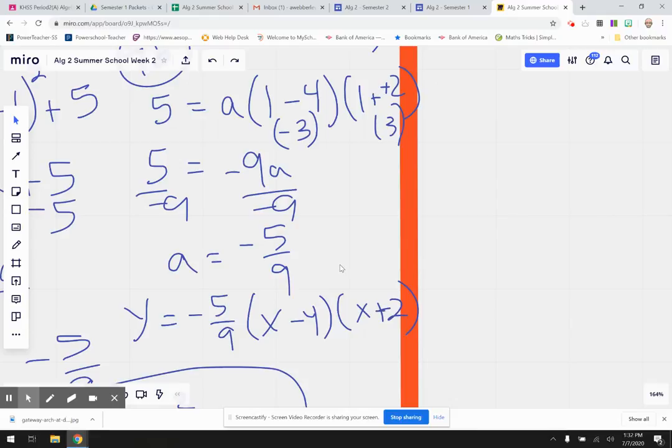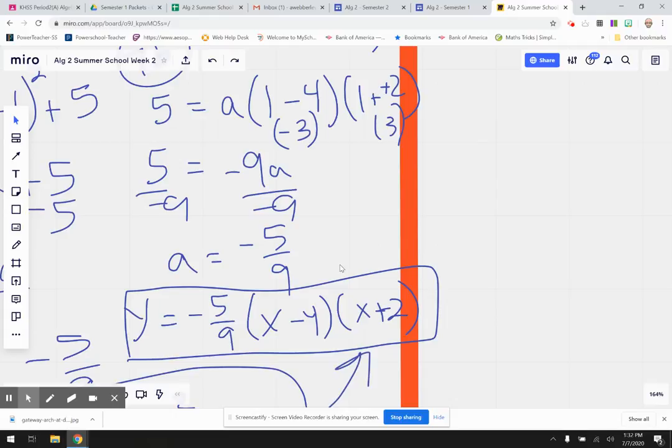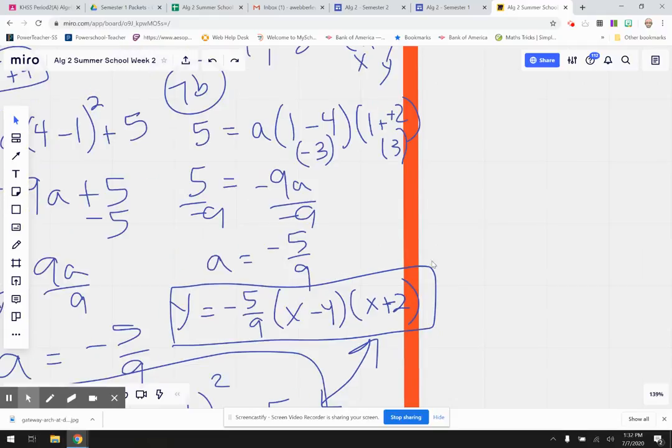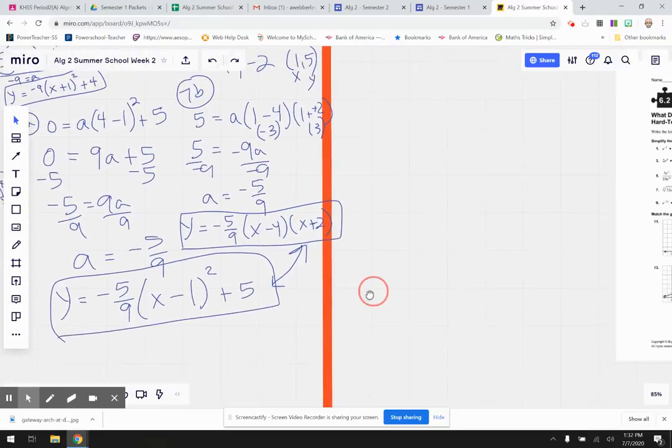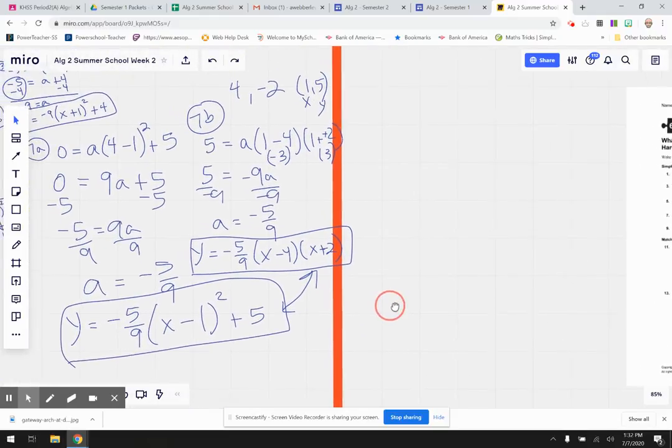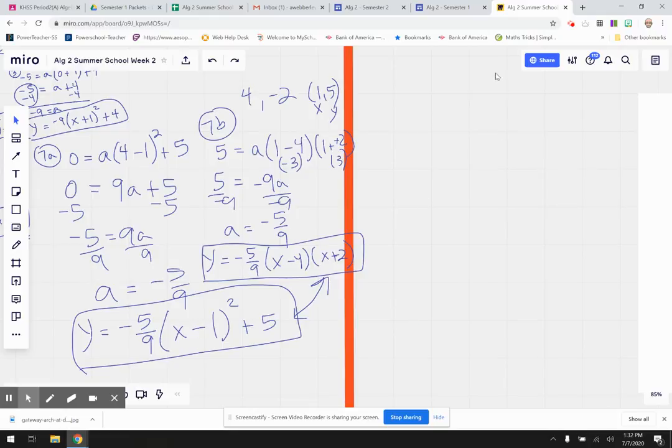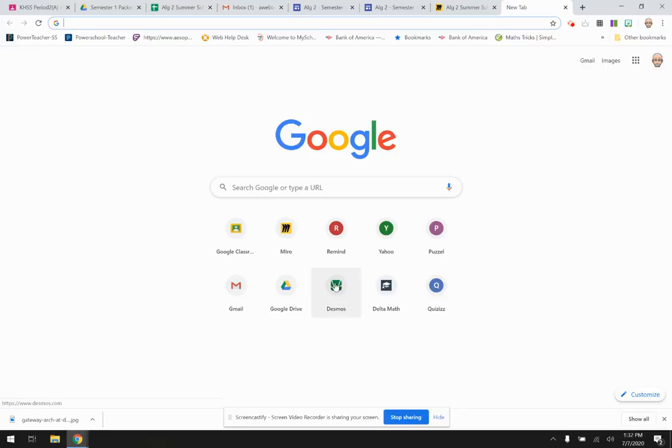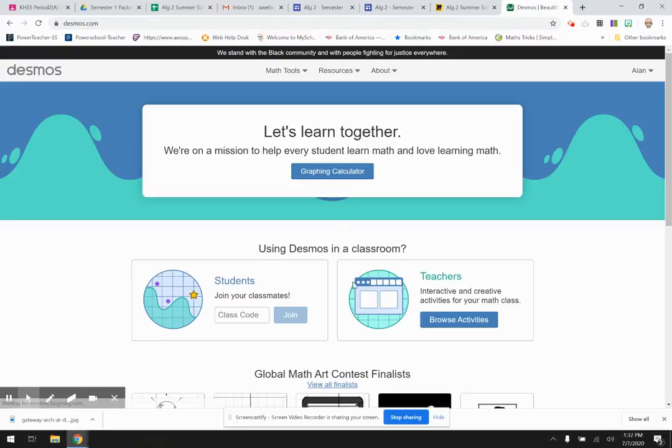Now, if you were to type both of these equations into Desmos, both of those two equations that we just found, you would see that we would have the exact same graph. So let's do that real quick, just so you can see that that does work.